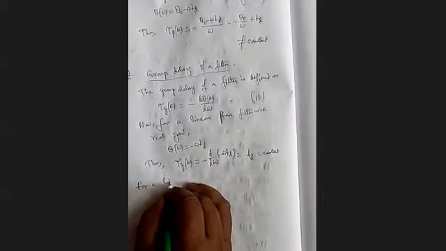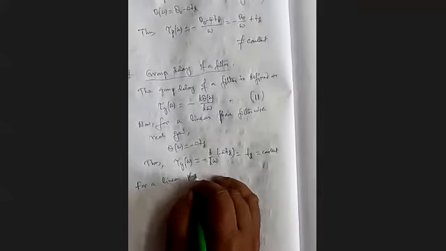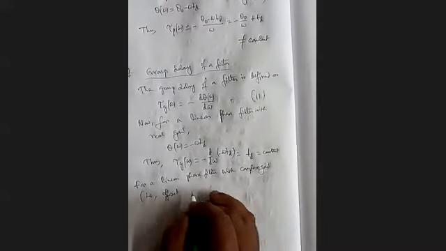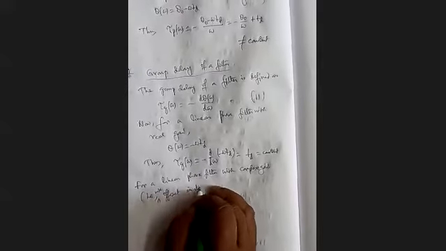For a linear phase filter with complex gain, that is with offset in its phase characteristic, we write theta omega equal to theta 0 minus omega td.